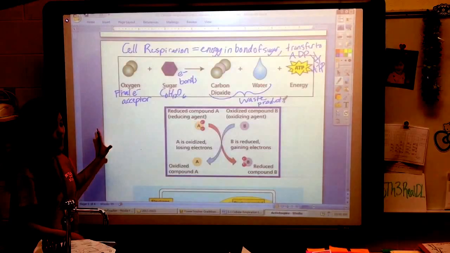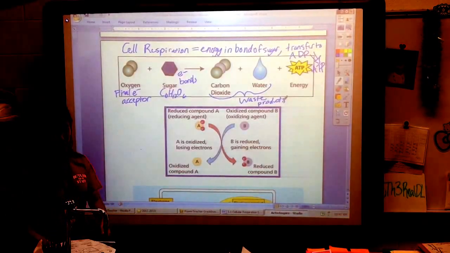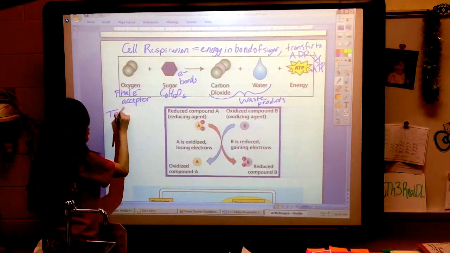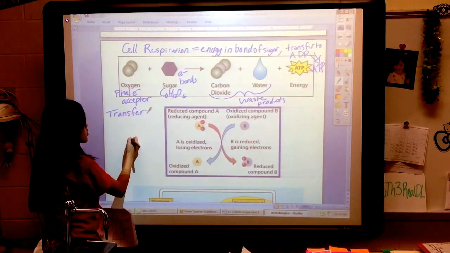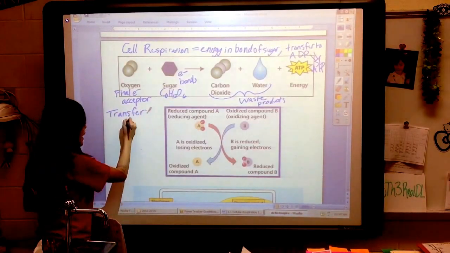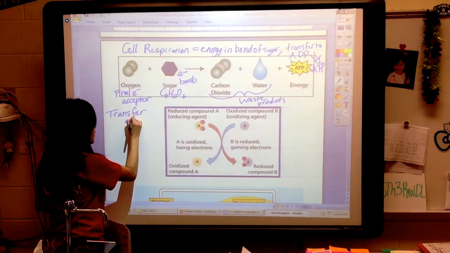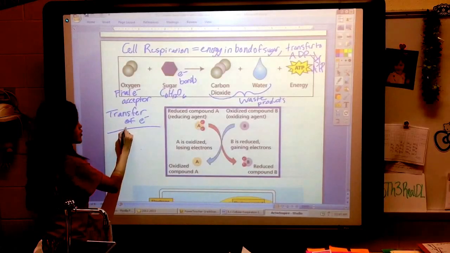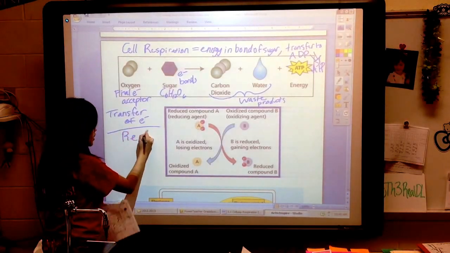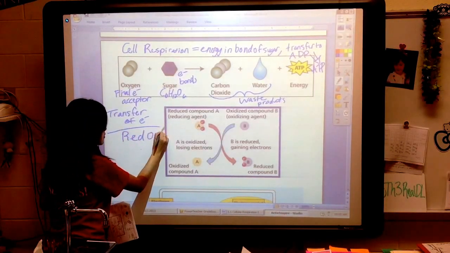Now we do need to go back and think about a little chemistry before we can actually talk about what happens during cell respiration. So one main thing that we need to know is how do we transfer the electrons? Well, with the transfer of electrons, you might remember redox, okay?